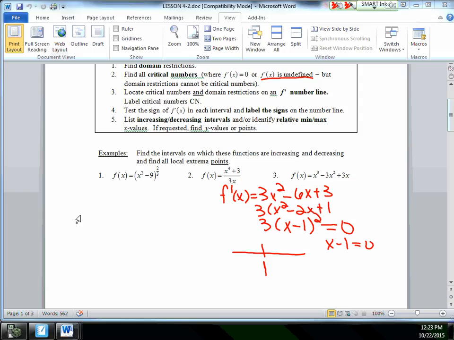Okay, now we need to do the number line test. You always test within the derivative because we want to know the slope. So if I plug in 0, I get a negative times a positive. Well, look right here. That is squared, which means this is always going to be positive.